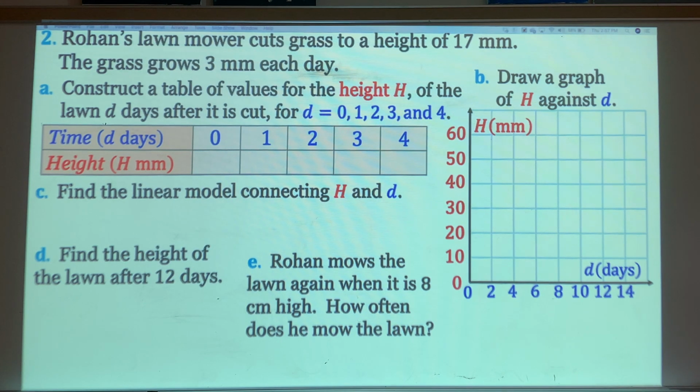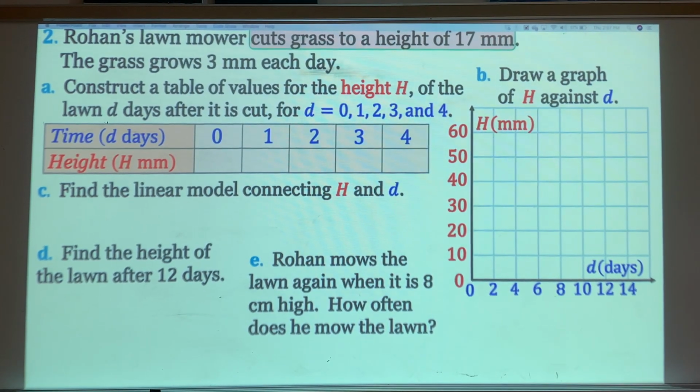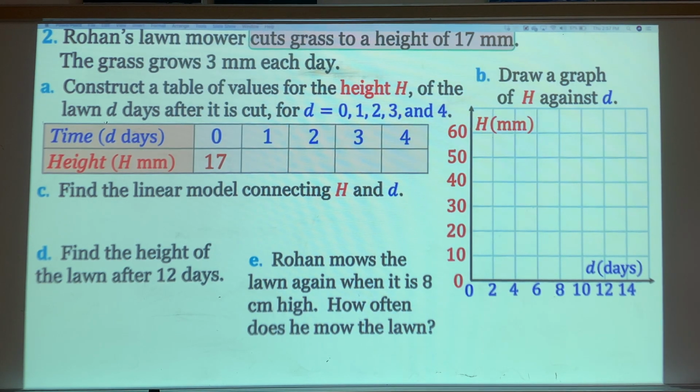All right, first thing you're going to do is you are going to take the 17, and that 17 right there is your y-intercept. After you take the 17, you are going to add 3 millimeters a day.